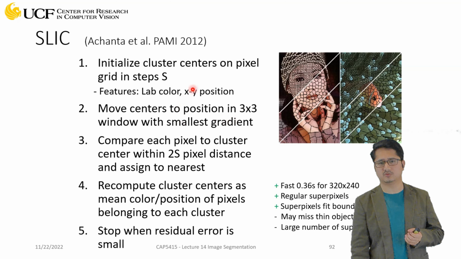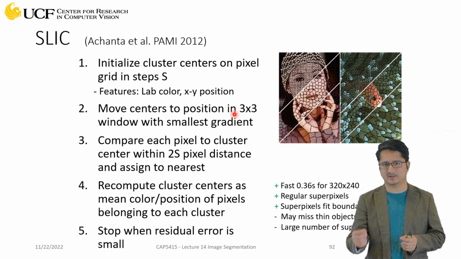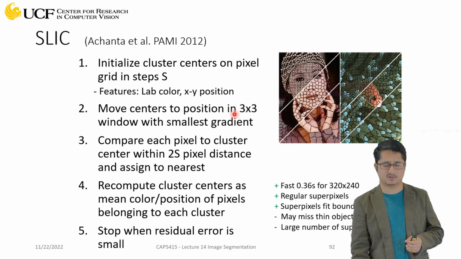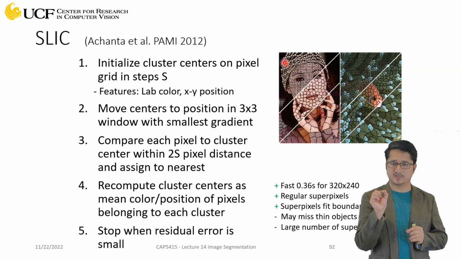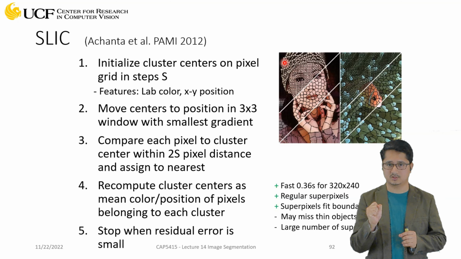And later we'll see we don't use the RGB color space. We use a different one, the Lab color space, which is fine. You can use any other color space as well, HSV or something else. But the idea is to use the appearance. Then each pixel is represented using this 5-dimensional feature vector, and then we just run k-means clustering using those data points.